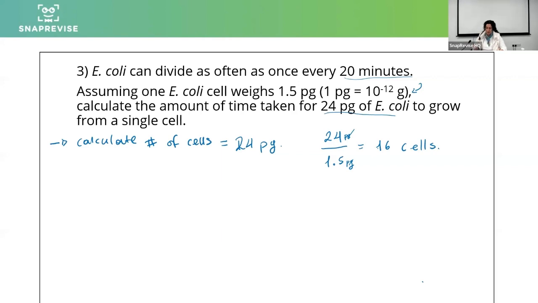Okay, now I'm getting somewhere because now I know that I need to go from one cell to 16 cells. So next I need to figure out how many rounds of cell division will this take to go from 1 to 16 cells? How many cell divisions?